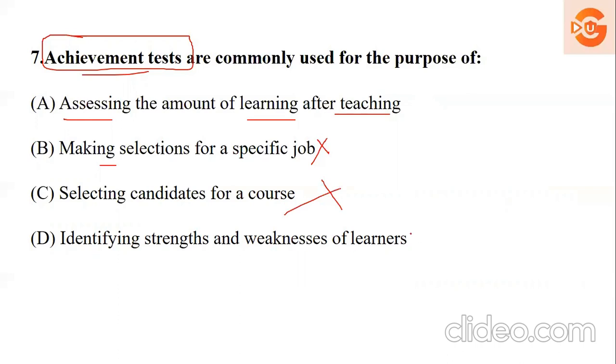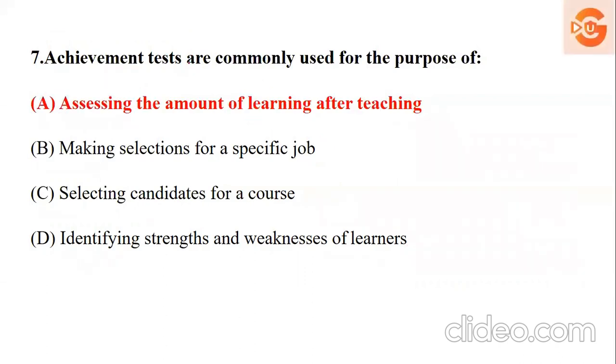Identifying the strengths and weaknesses of the learner, no, it is basically to find out what amount of learning has happened after the teaching activity is done. So it is to assess the amount of learning, and for that we use this achievement test. So your correct option is option number A.